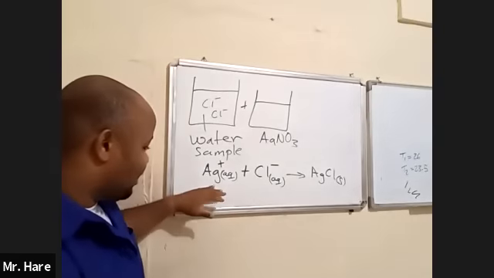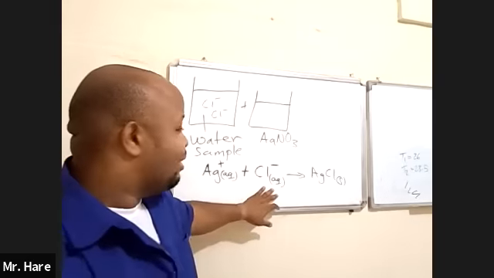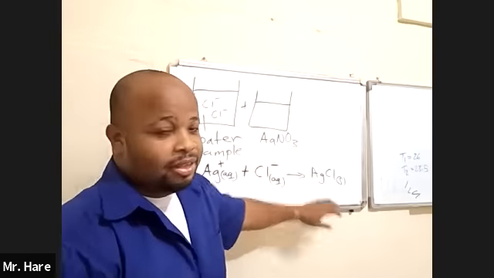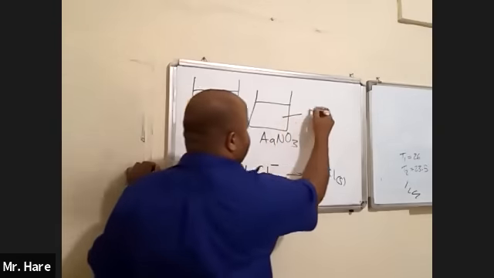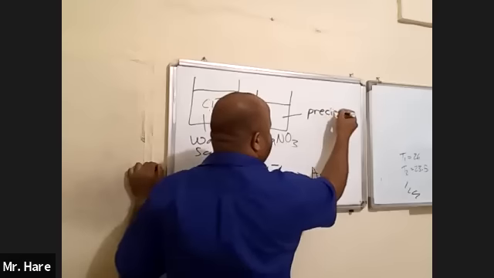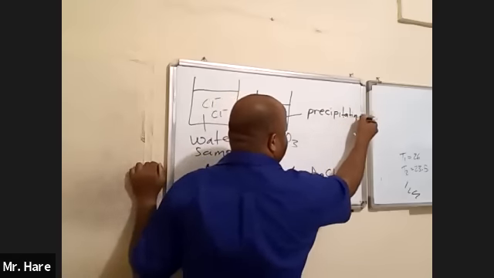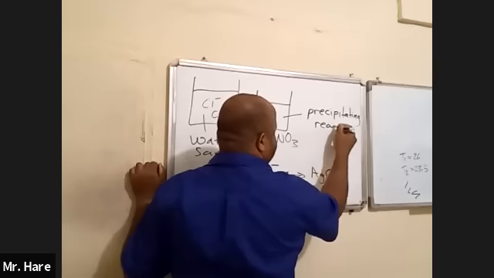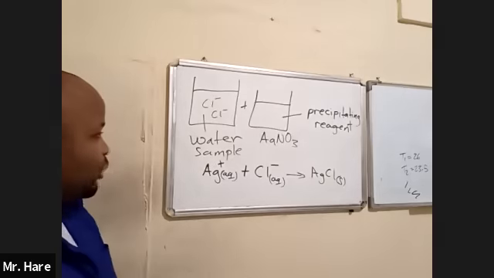Right, so the silver ion will combine with your chloride ion to form silver chloride. The silver nitrate is referred to as the precipitating reagent.